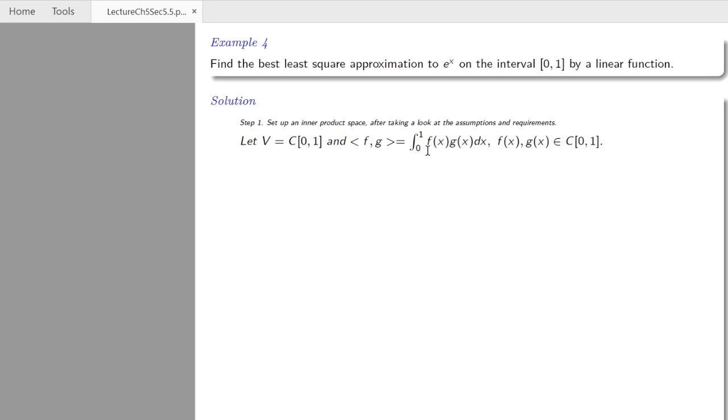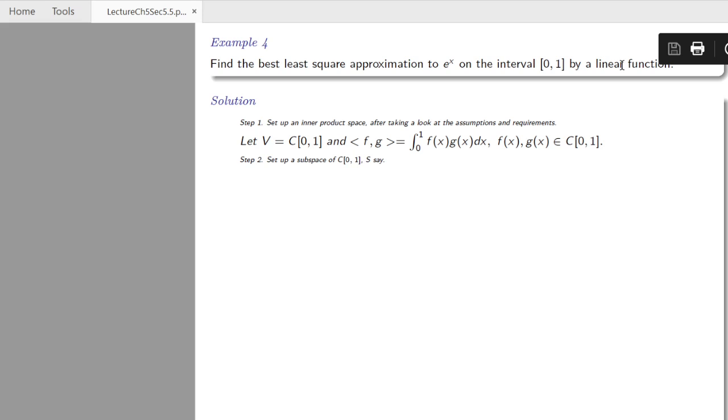After this, we need to find a subspace. Let's call this subspace S. Then how to set up this subspace? For this, we can say at the end of the question, we ask about a linear function.